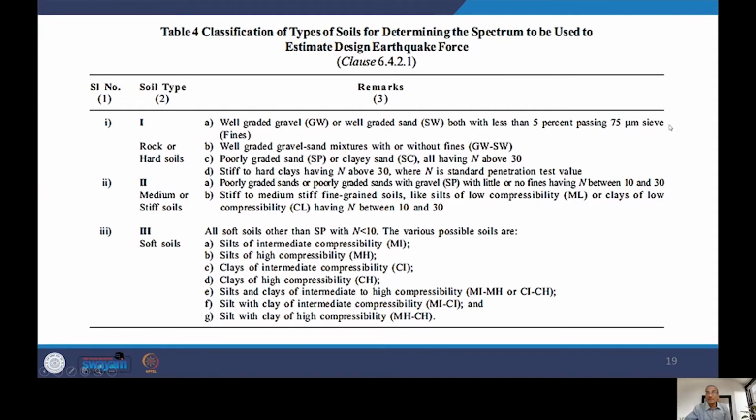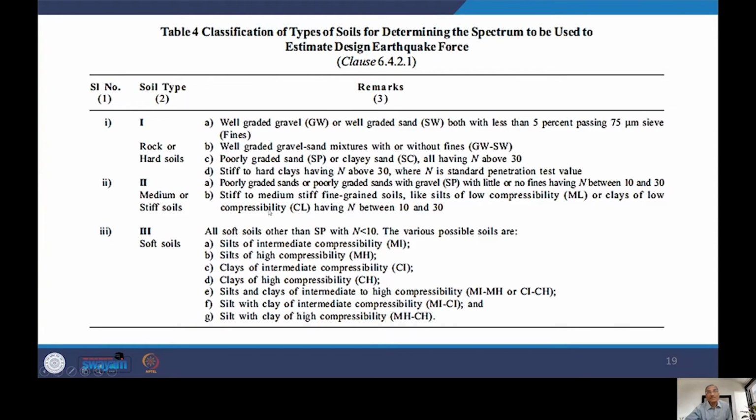That means basically it is micron, and that should be corrected in the last. And another for the rock side, you have well-graded sand mixtures, poorly-graded sands, or poorly-graded sands with gravels. So, if any of these things are encountered, then it can be used.